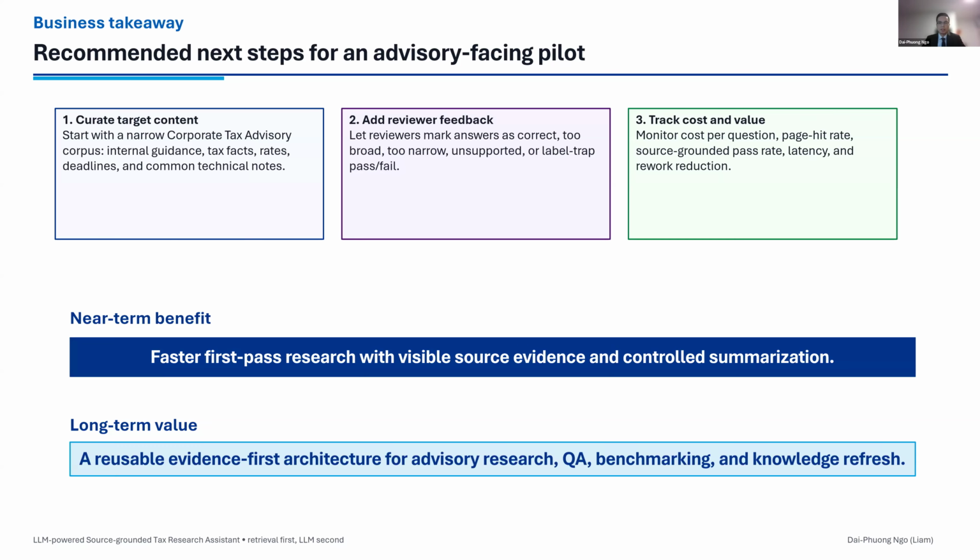The long-term value is a reusable architecture: ingest documents, preserve structure, retrieve evidence, generate only from evidence, and evaluate retrieval separately from answer quality. For corporate tax advisory, that gives me a safe way to experiment with AI while preserving professional review and source traceability. That is the end of my final project. Thank you for listening.